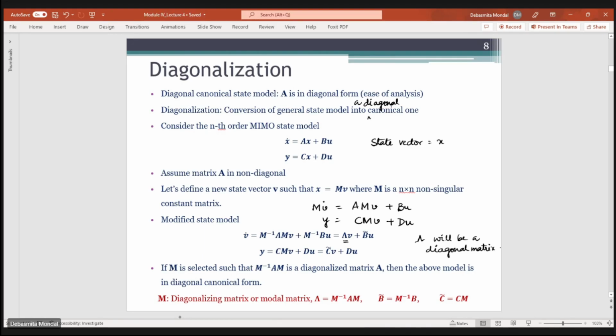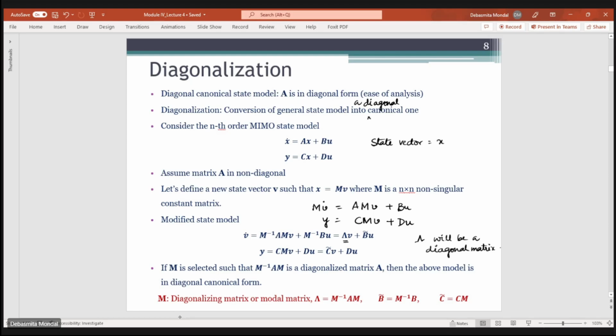The effect of this modal matrix is that if you take M inverse A into M, it becomes equal to our diagonal matrix, which is a diagonalized form of the original matrix A that we had. So we can write that delta is equal to M inverse AM.